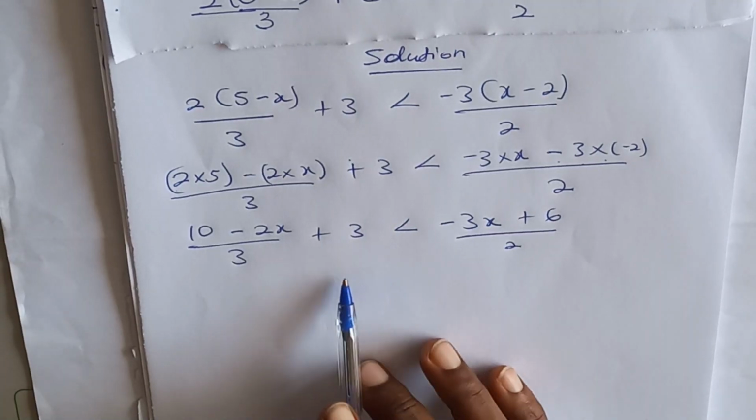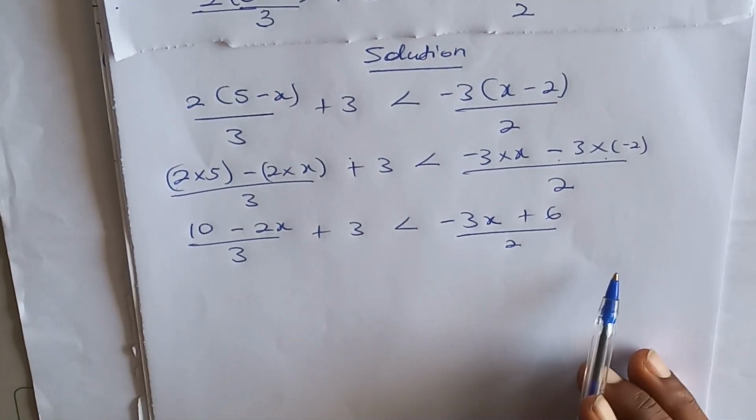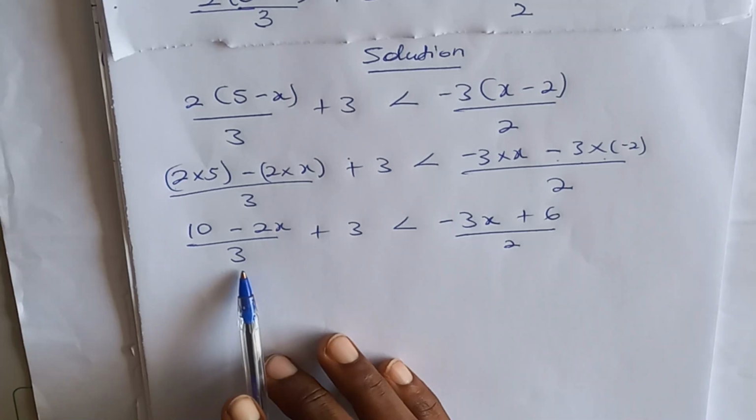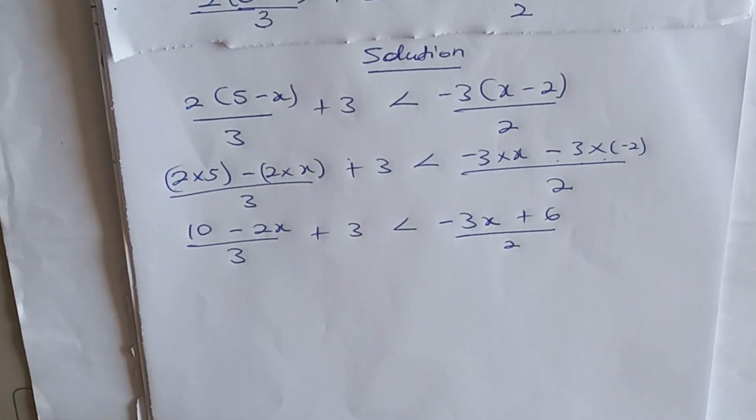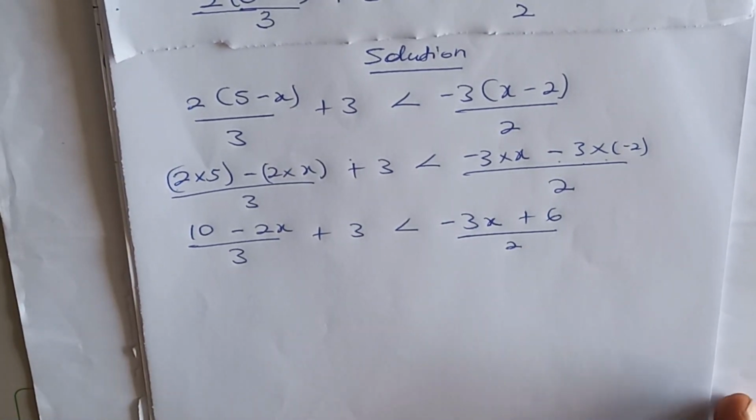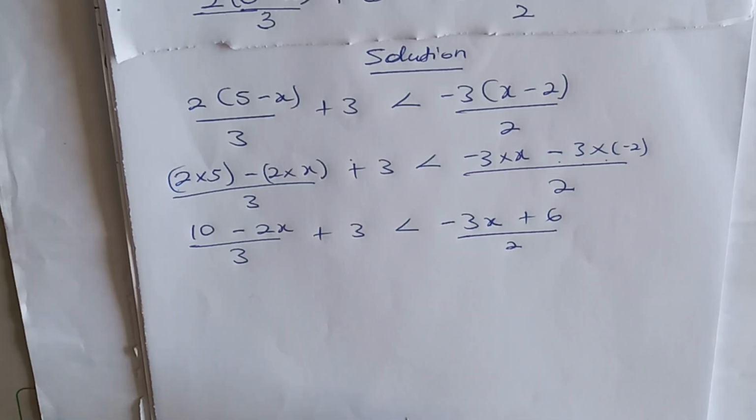Good. We have to find the LCM of 2 and 3. Okay? And the LCM of 2 and 3 is 6 because 2 times 3 is 6. So we use this 6 to multiply through the whole inequality.